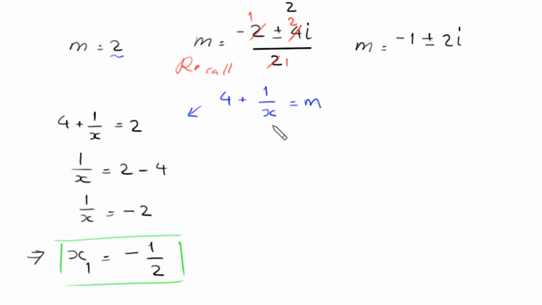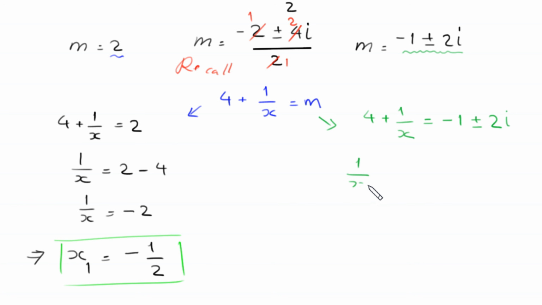Now in this equation we put this value of m, negative 1 plus or minus 2i. Then this equation will become 4 plus 1 over x is equal to negative 1 plus or minus 2i. Now we move this 4 to the right side.